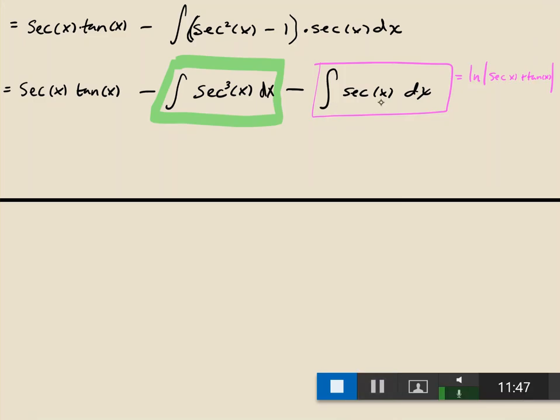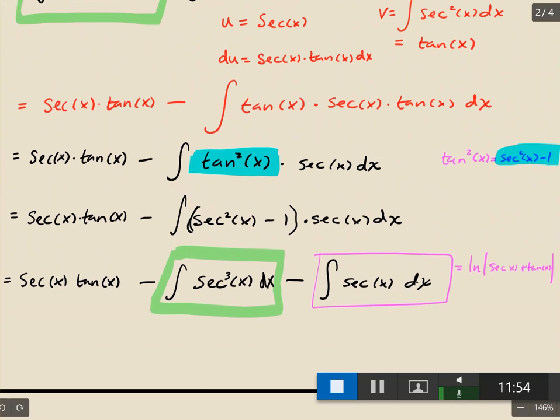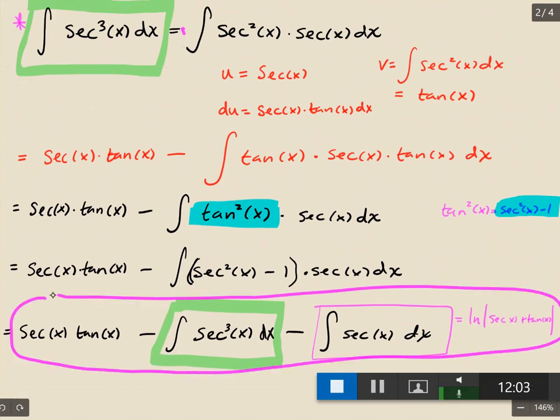So we know this integral is equal to the natural log of secant of x plus tangent of x. So what we would do here is let's rewrite from the beginning what we were trying to find. All of this is equal to all of this, and then we'll be able to algebraically move this piece over to the other side.